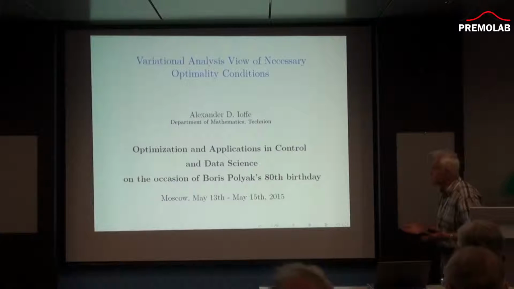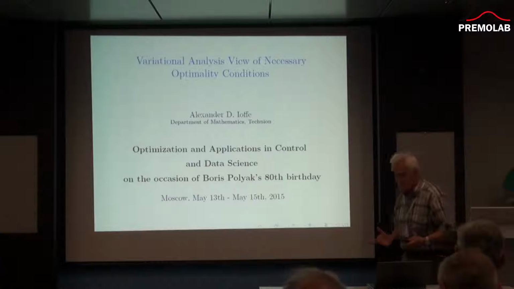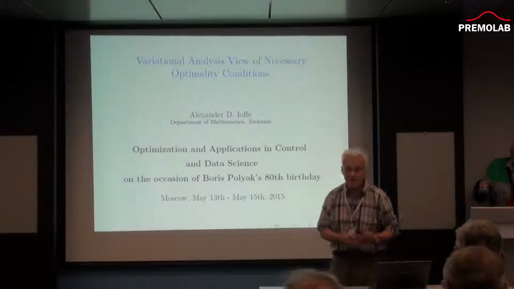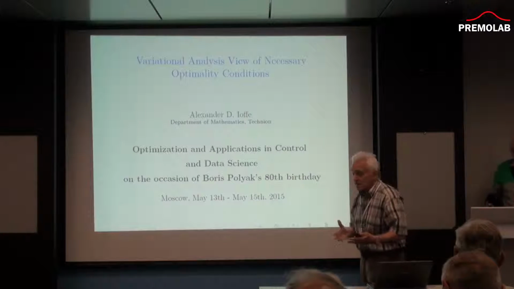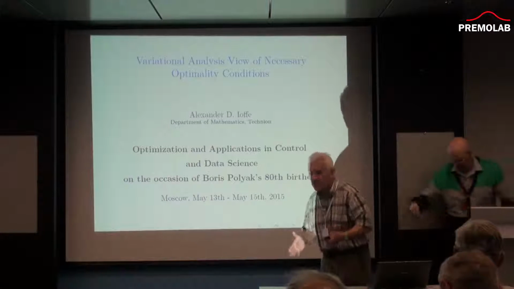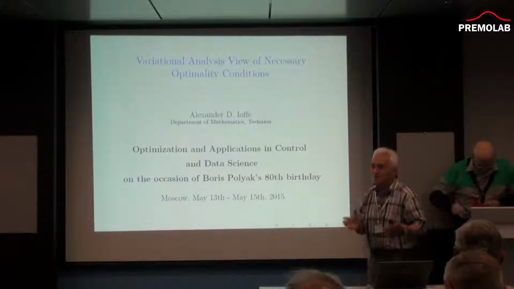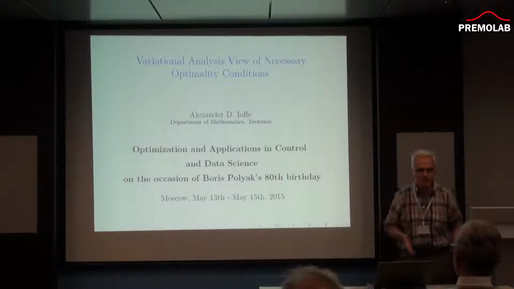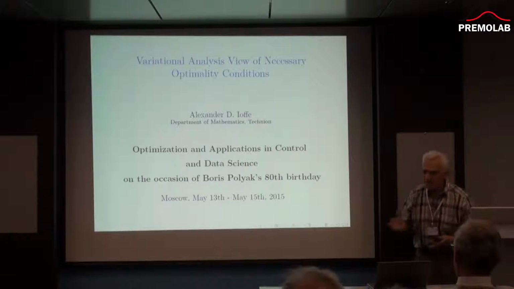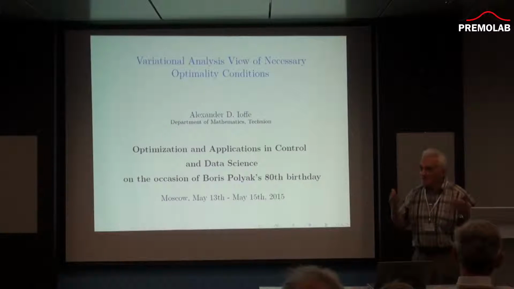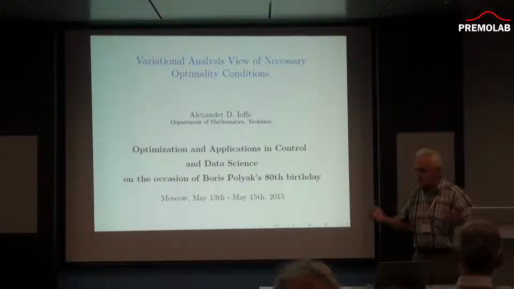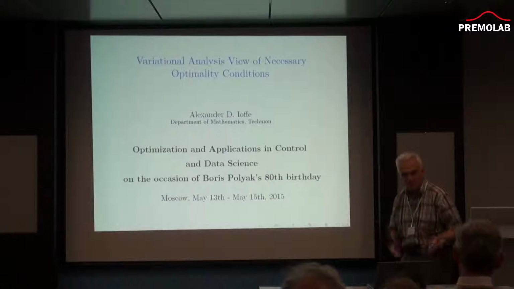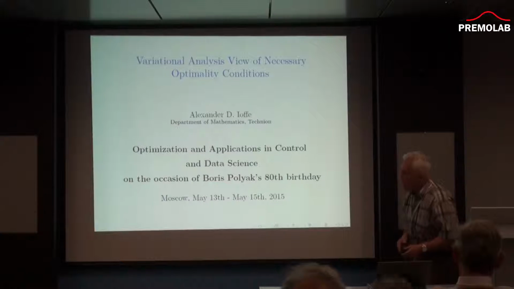Variation analysis is a branch of analysis developed during the last few decades that was centered on studying not very good objects like non-differentiable functions, set-valued mappings, complicated sets, and so on, that lack the usual nice properties studied in classical analysis, like differentiability, smoothness, analyticity, and so on.